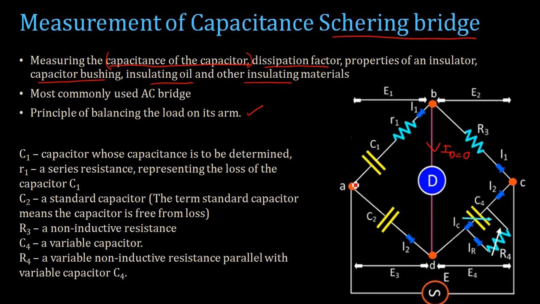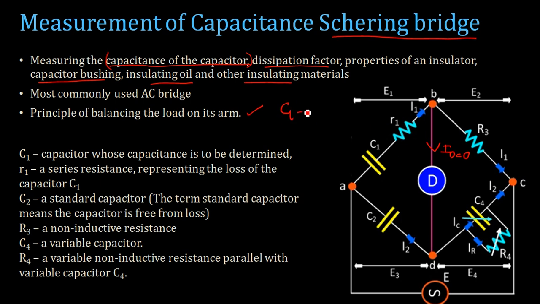Here the arm AB constitutes a capacitor C1, which is of unknown value, whose capacitance is to be determined. This is represented as a series combination of C1 with R1.